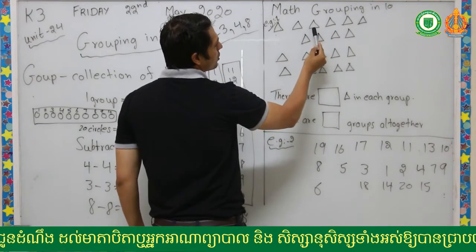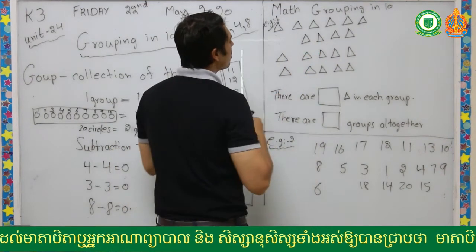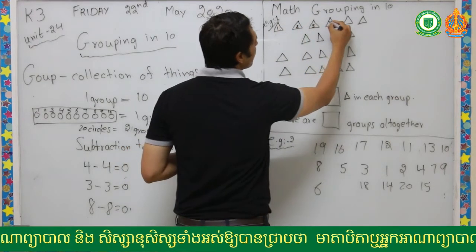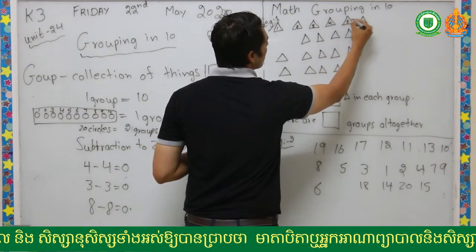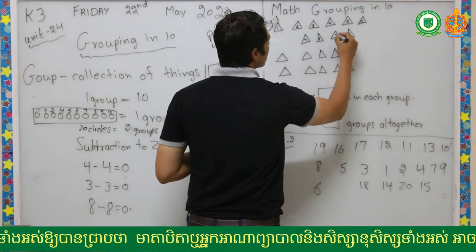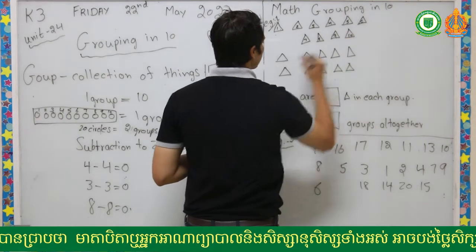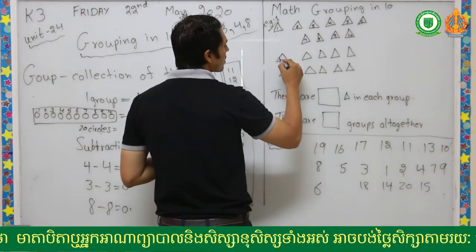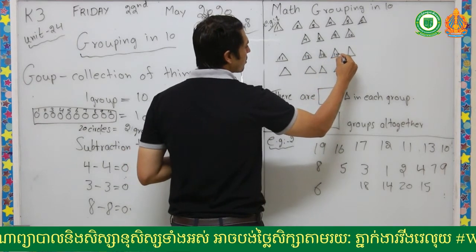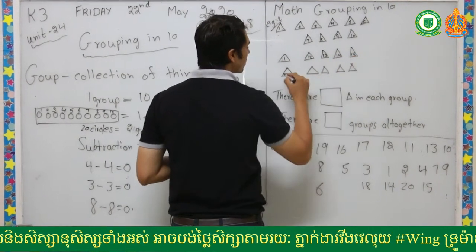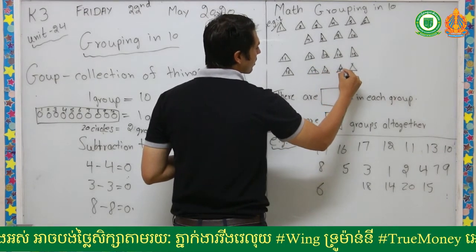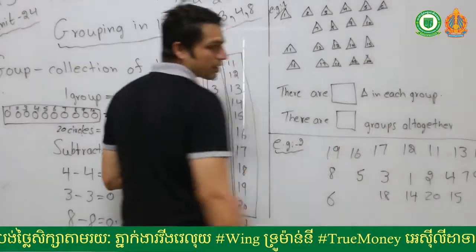1, 2, 3, 4, 5. I can write down the numbers here: 1, 2, 3, 4, 5, 6, 7, 8, 9, 10. Next, 11, 12, 13, 14, 15, 16, 17, 18, 19 and 20.